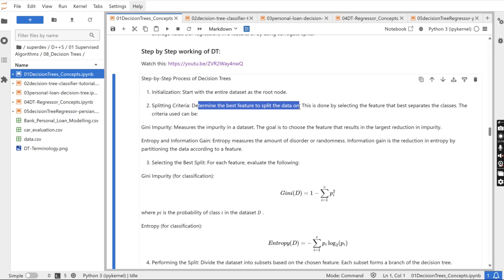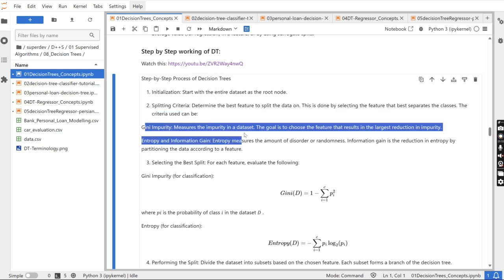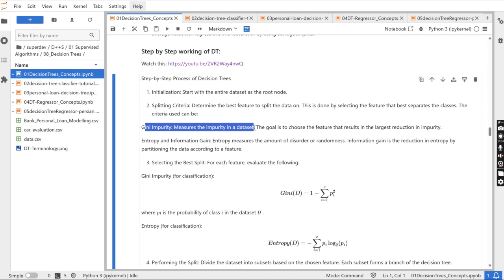The root node takes the entire 80% of the data set, and it will determine the best way to split. Nothing but for each row of data, cumulatively it will calculate what is the entropy, what is the information gain that it can achieve if it goes with a certain split. And this is done for all the rows of the data. Once you have those calculations, Gini impurity will measure the impurity in the data set.